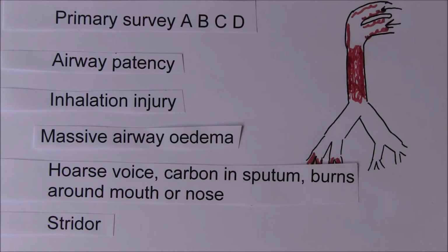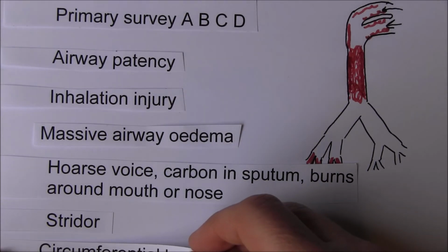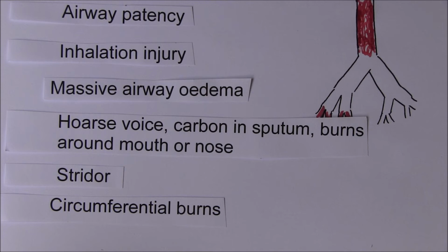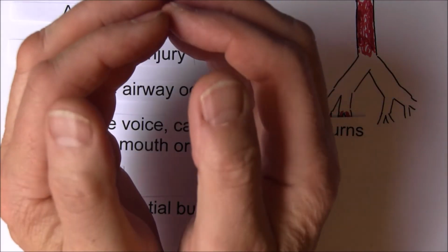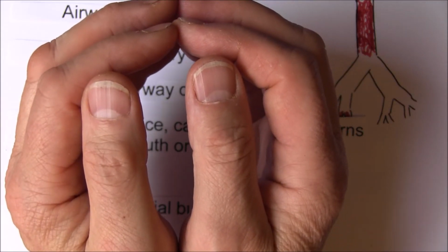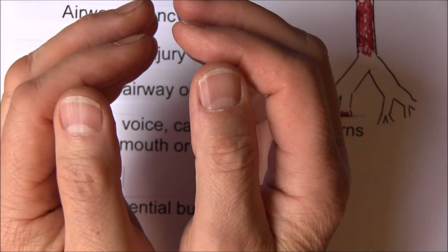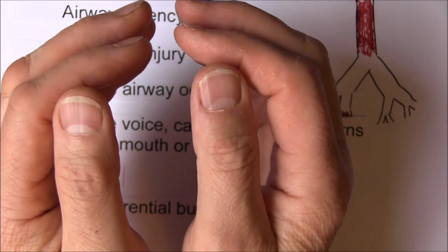So thinking about the airway management, massively important. And still thinking about breathing, if there's circumferential burns, these are burns that go all around the body. So if there's burns that go all around the body, particularly around the thoracic cavity, even the abdominal cavity, it makes expansion for ventilatory effort more difficult.